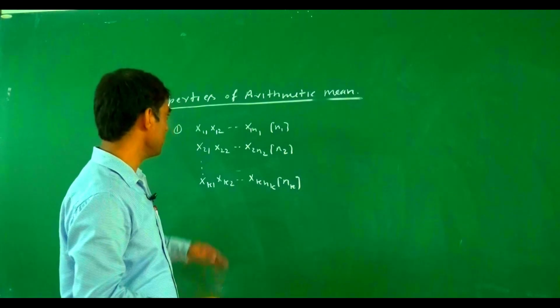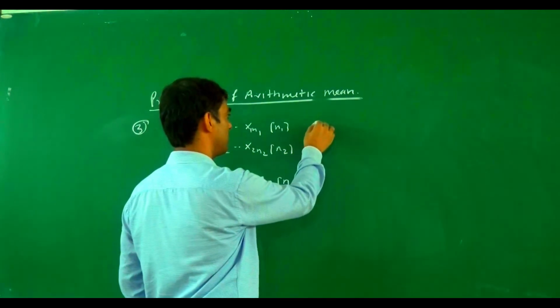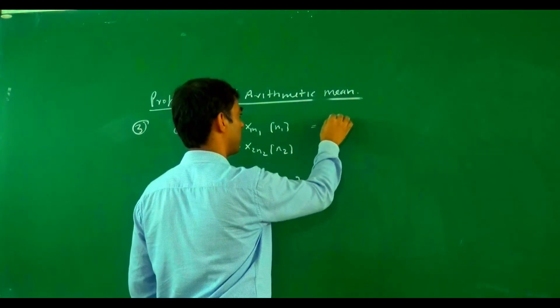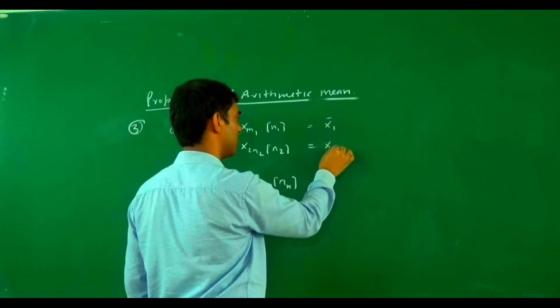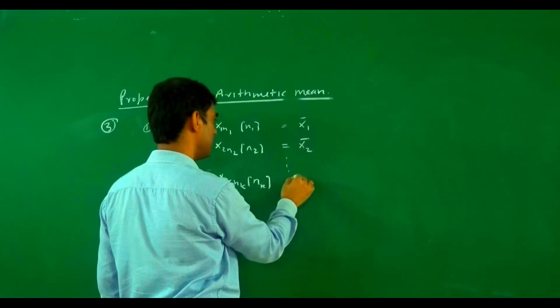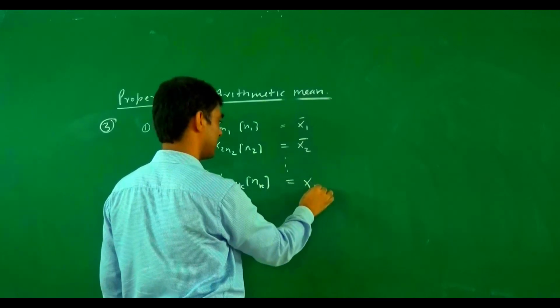Suppose the arithmetic mean of the first is x1 bar, the arithmetic mean of the second is x2 bar, and similarly the arithmetic mean of the last is xk bar.